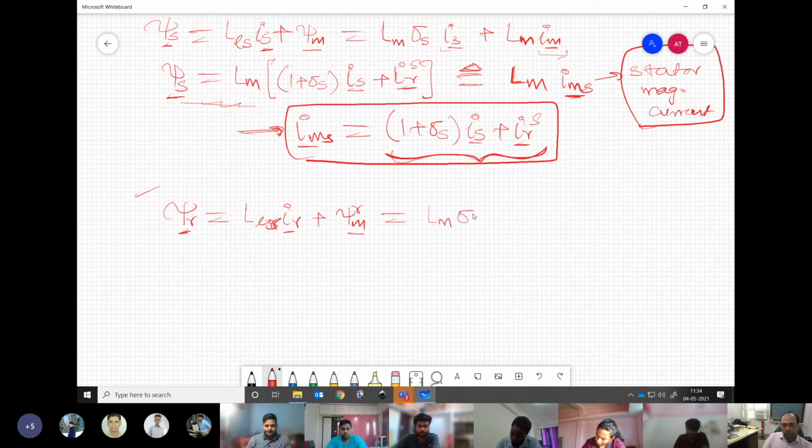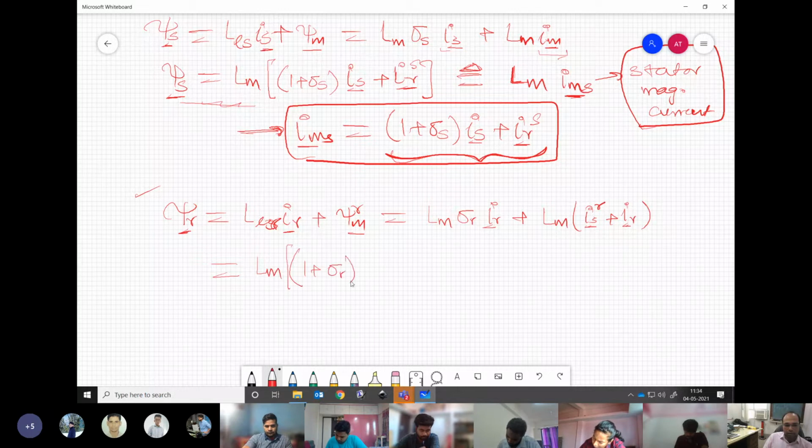So this we can write as LM sigma r IR plus LM times IS plus IR. Understanding my point? Now, this I can rearrange and write like this, and I can define equivalently another term which I can call rotor flux magnetizing current, IMR.